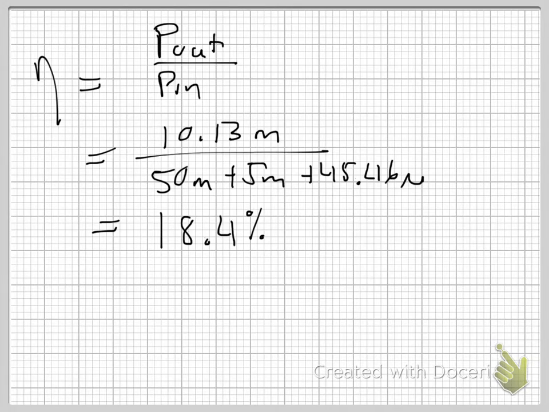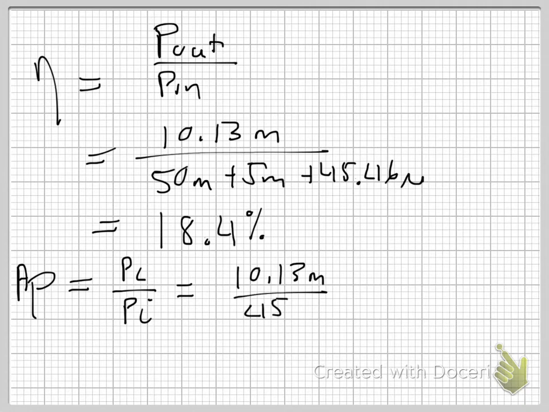So for your power gain, A of power, you've got basically the power to the load divided by input power, which is 10.13 milli over 45.46 micro, and that gives you 222.79, right?